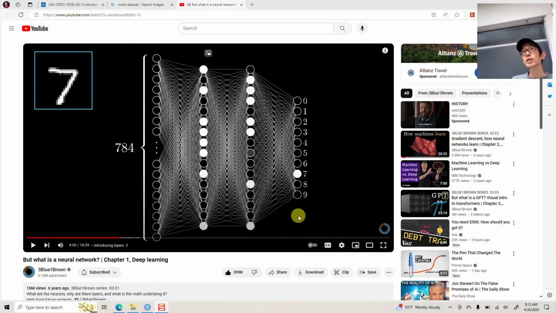In this case, we're going to have a node corresponding to each possible classification: 0, 1, 2, 3, 4, 5, 6, 7, 8, or 9, okay? In this image, the image is a 7, so what we want to see in the output layer is that the nodes corresponding to all the digits other than 7 have values that are 0 or very close to 0, and the node corresponding to the 7 has a value close to 1, okay?